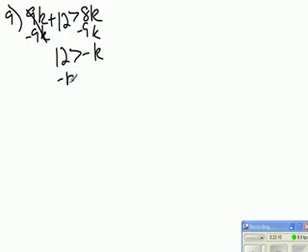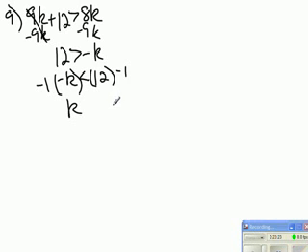Well, I could rewrite it now, move my negative k over here, and make sure my arrow is still pointing to the right numbers. But that's negative k, that's not my answer yet. I still need to multiply everything in here by negative 1 to get that negative to go away. So k and negative 12, and remember what happens every time you multiply or divide by a negative number, this sign has got to flip. So you flip it the other way. So k is greater than negative 12.